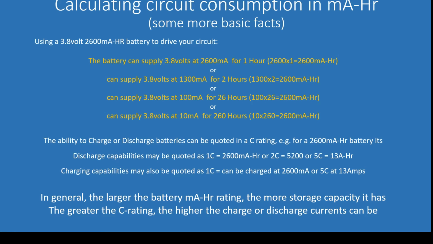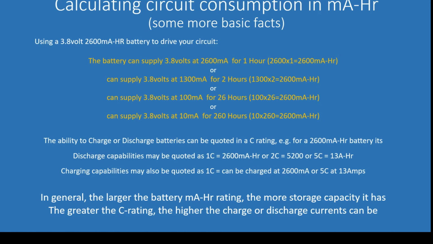So if a battery is a 1C charge rating, it can be charged at 2.6 amps continuously, or if it was rated for charge purposes at 5C, it would be 13 amp charge rate. In general, the larger the battery milliampere hour rating, the more storage capacity it has, and also the greater the C rating, the higher the discharge or charge currents can be.